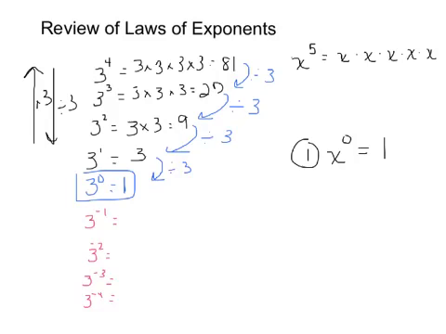And then continuing on, if I begin getting into negative exponents, so I'm continuing to lower the value of the exponent by 1. So I go 4, 3, 2, 1, 0, negative 1, negative 2, negative 3, negative 4. Continuing this idea of dividing by 3, I'm going to take the 1, divide by 3, and in other words, it becomes 1/3. Continuing the idea another step, divide by 3.